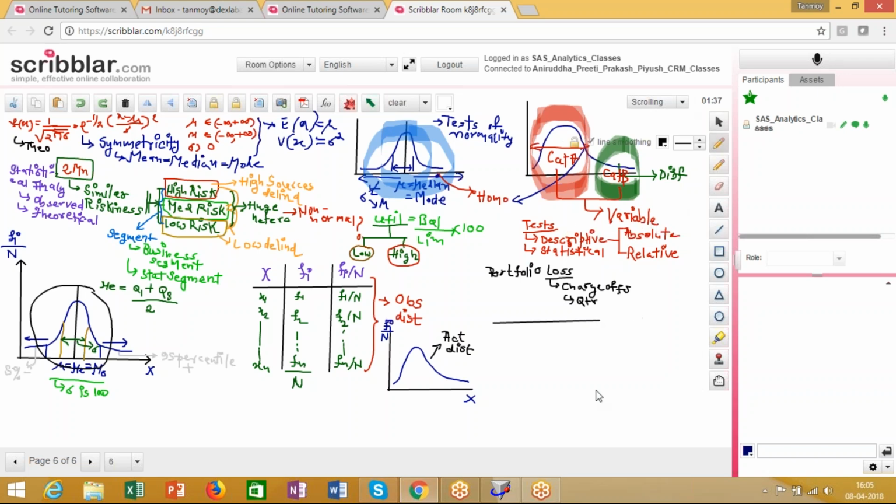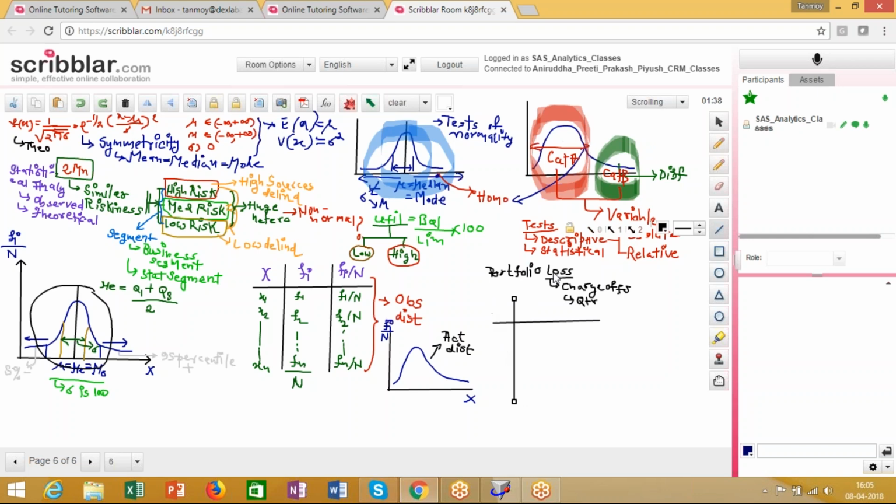Say for example, there are these quarters, and from there you get these loss values, or these charge-off values as we call it.